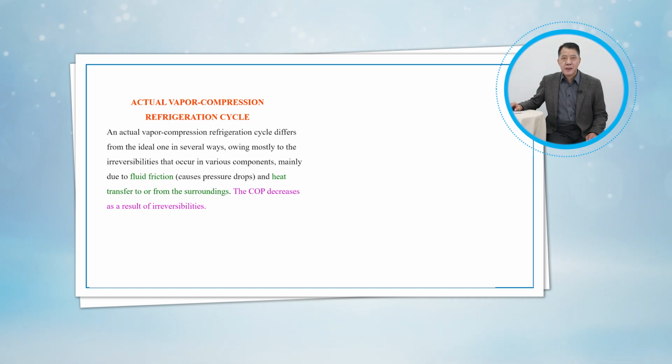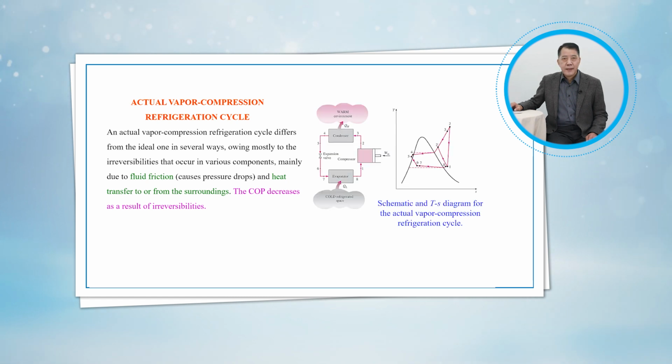The COP decreases as a result of irreversibilities. The TS diagram of an actual vapor compression refrigeration cycle is shown in the figure.